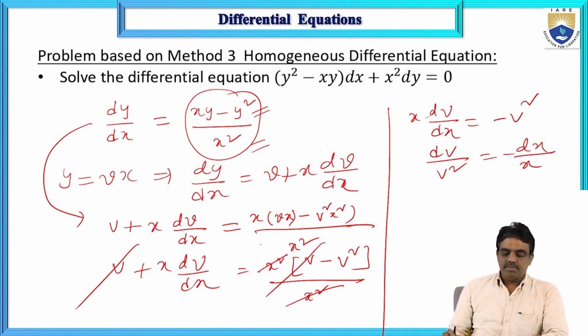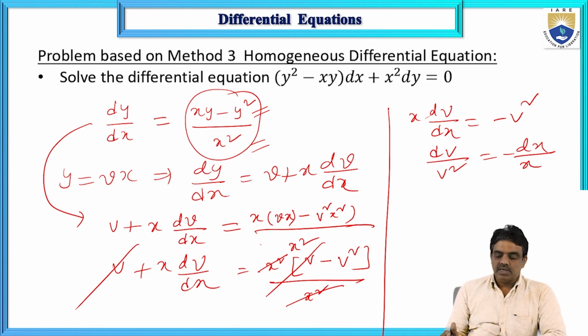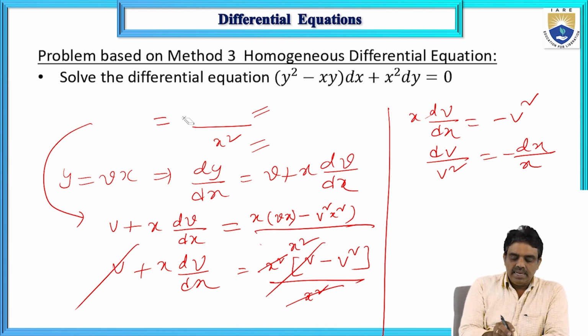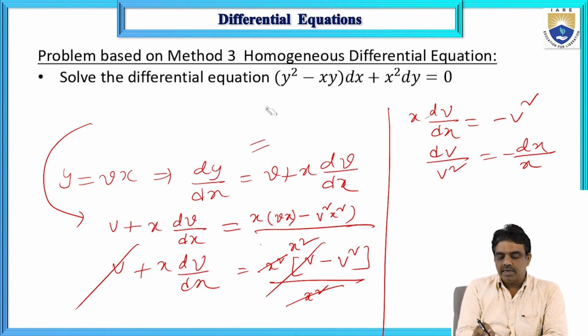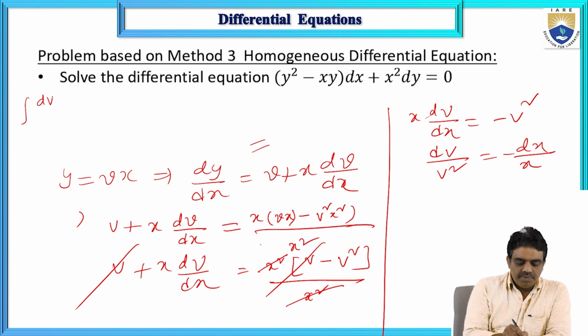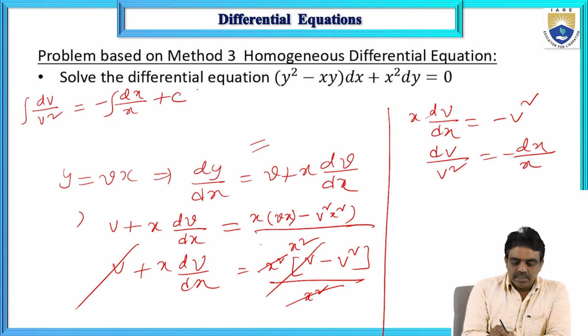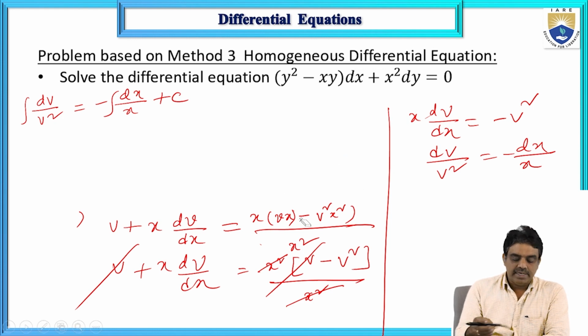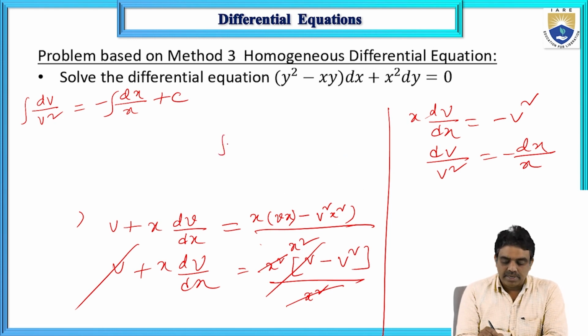So on integrating both sides, integral dv by v square is equal to minus integral dx by x plus c. So what is integral dv by v square? It is nothing but v power minus 2 dv.